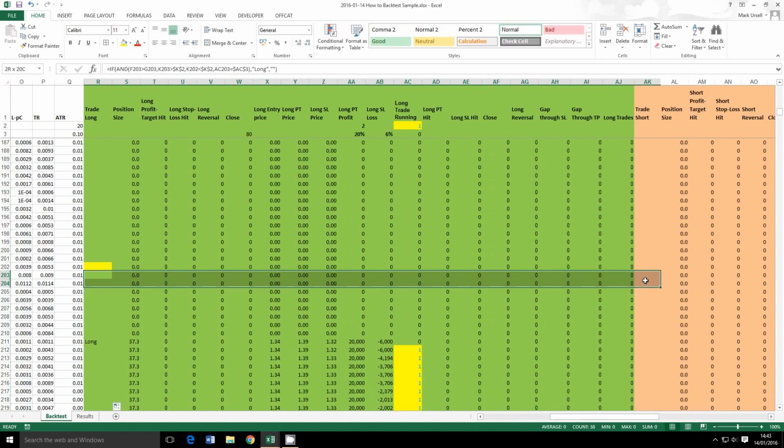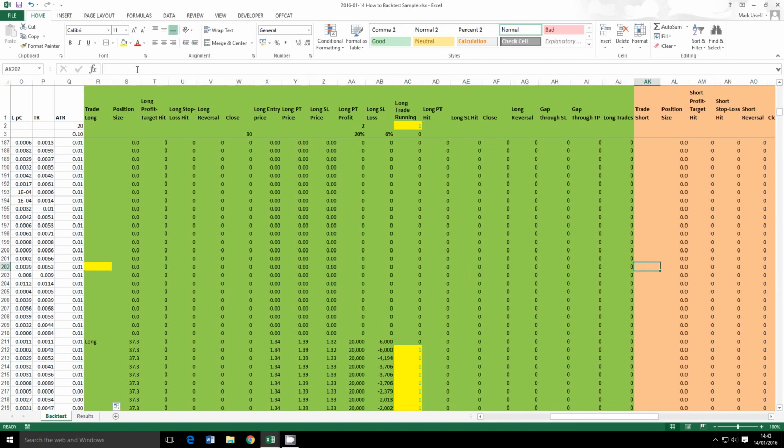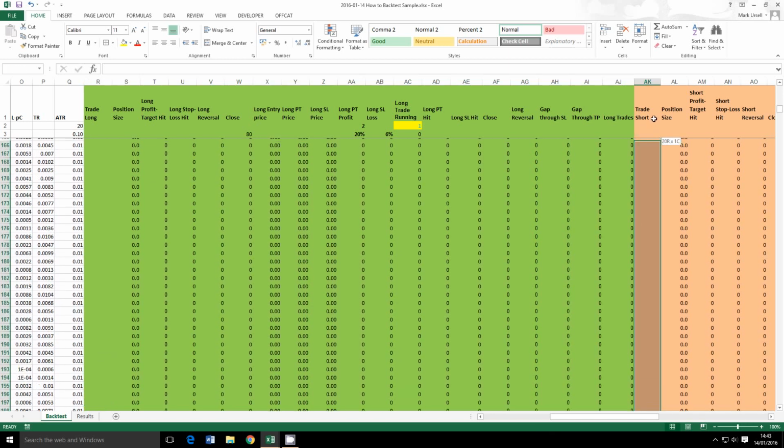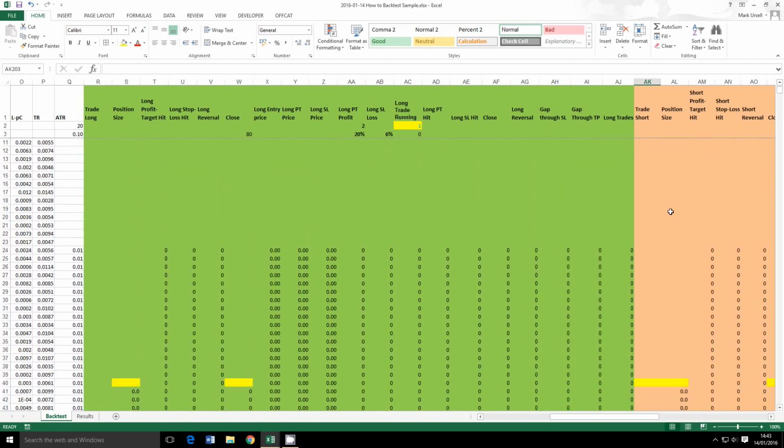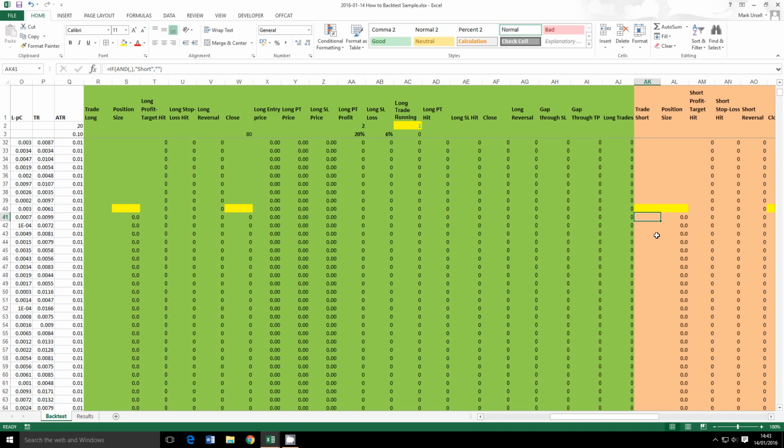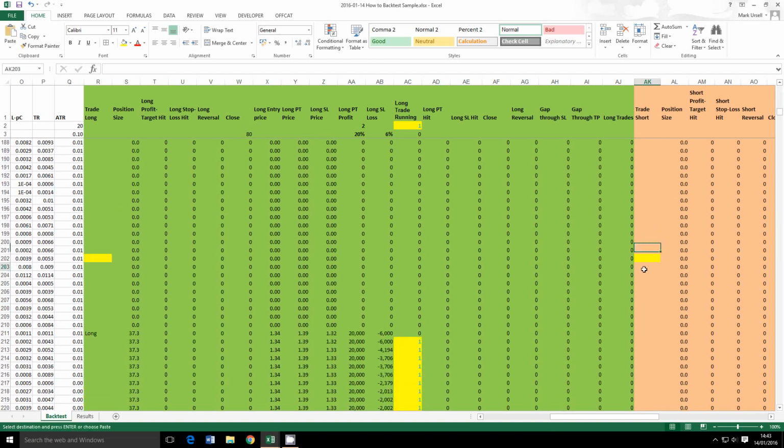Right, we want to also have short trades. I'm going to start from exactly the same point, except now looking for short trades. First thing I'm going to do is copy, this is a template, so we can very easily copy and paste the starting template.